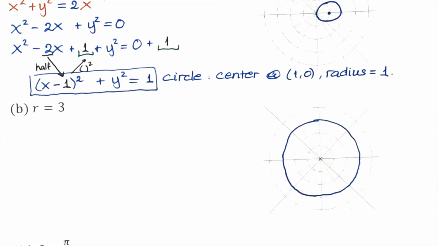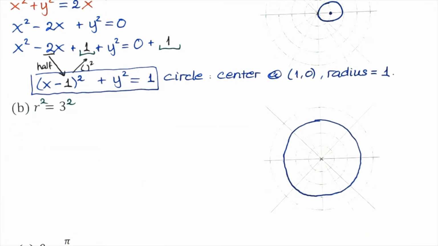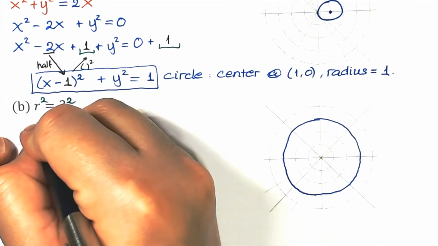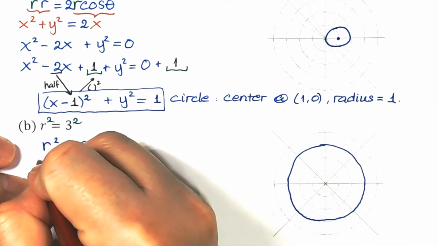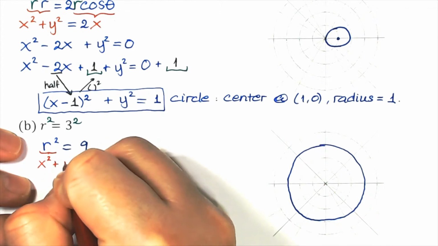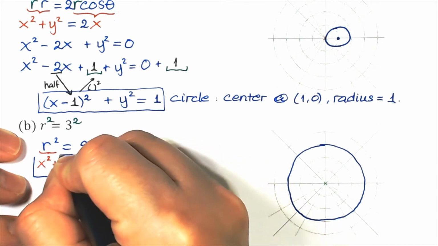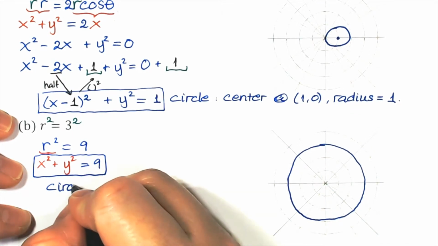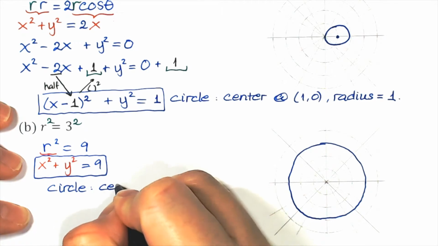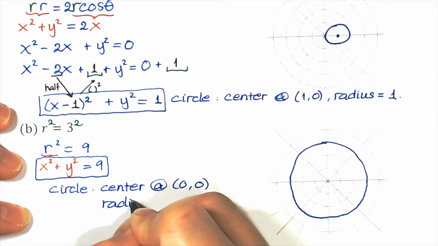But if we change that into rectangular form, what we'll do here is square both sides, and that gives us r squared equal to 9, and r squared is x squared plus y squared equal to 9, and this is the equation in rectangular form, which represents a circle center at 0, 0, and the radius of 3.